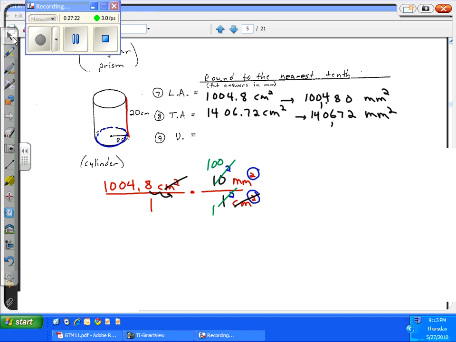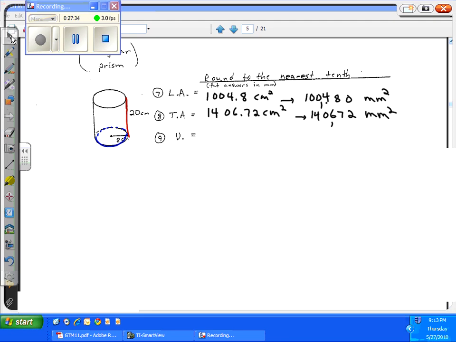And now we'll work with volume. The volume is the area of the bottom times the height. The bottom is a circle, and the formula for every circle is 2 times pi. I'm sorry.